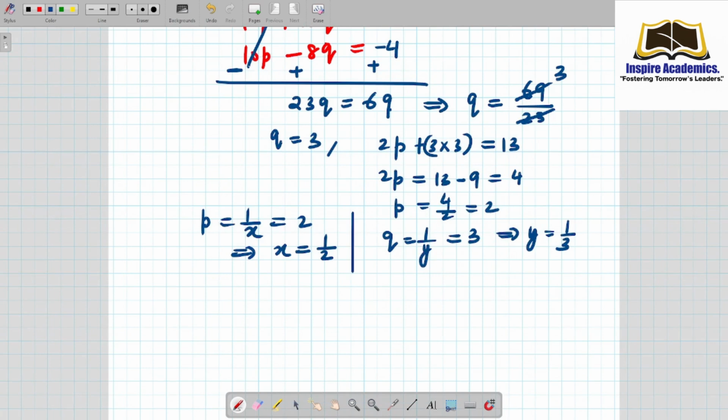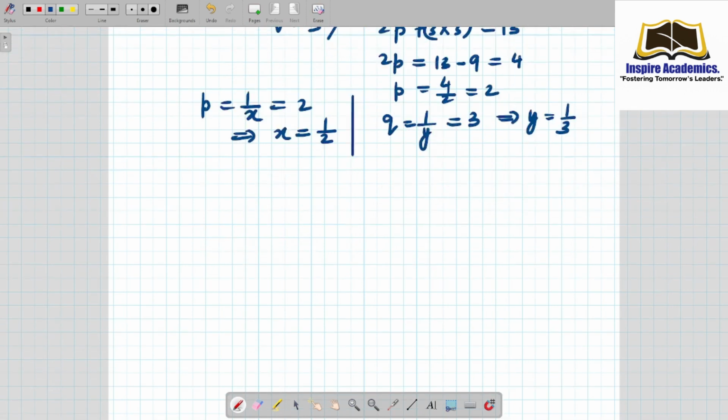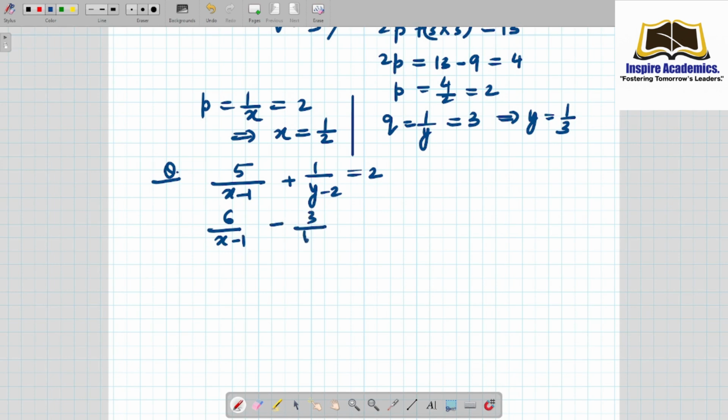So like this we can solve a number of similar problems. Let us take yet another problem. Let us solve 5 upon x minus 1 plus 1 upon y minus 2 equal to 2, and another equation, 6 upon x minus 1 minus 3 upon y minus 2 equal to 1.